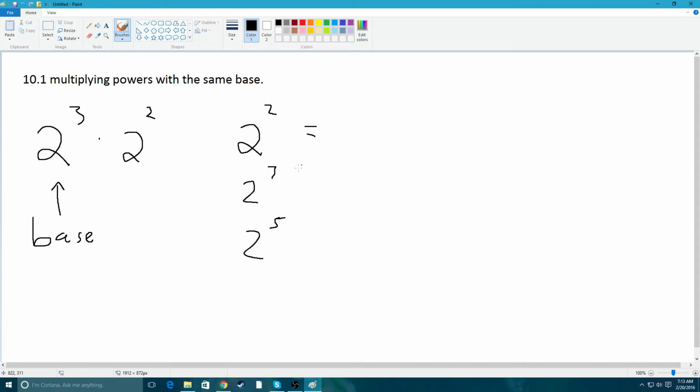I want you guys to solve those real fast, and also solve 3 to the second times 3 to the fourth equals, not equals, but I also want you to solve 3 to the sixth.